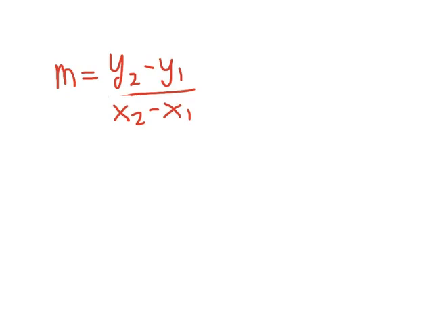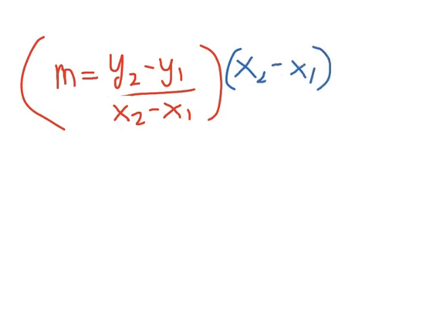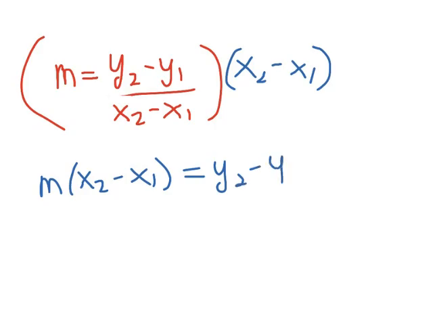Okay, so what I'm going to do with this equation is I'm going to multiply the whole thing by x2 minus x1. When I do that, I get m times x2 minus x1 equals y2 minus y1. And right away you should see that that looks very like that formula we had. So remember, in the slope formula, x1 and x2 is any specific point on the line.